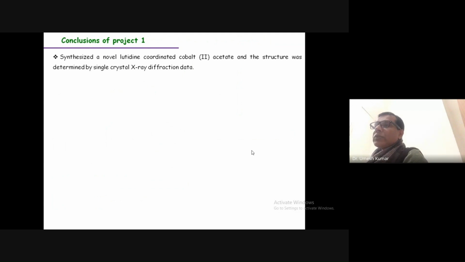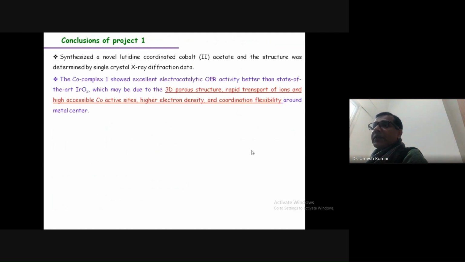So we have synthesized these novel coordination complexes, acetate complexes. The structure has been characterized by single crystal data. And this complex 1 shows excellent catalytic OER activity, better than the state-of-the-art iridium oxide catalyst, which may be due to the three-dimensional porous structure, as we have seen earlier.